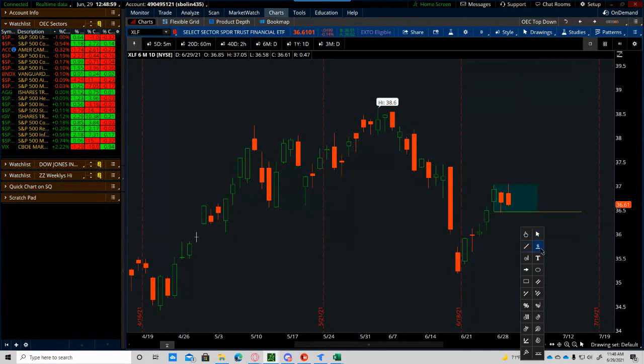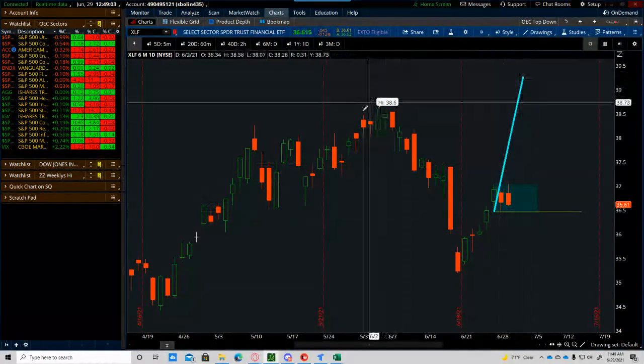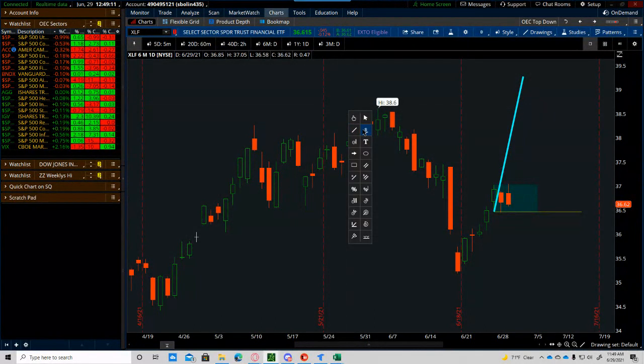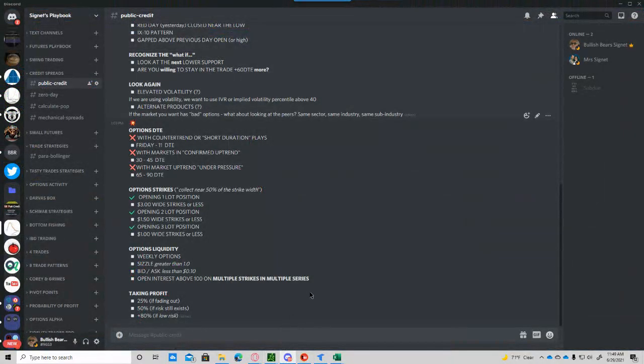But if I get in and my break even is that yellow line and then the market explodes all the way up there, if I don't need the capital, why the heck would I close this thing down? Right? So approach profit taking with a little bit of common sense behind it.